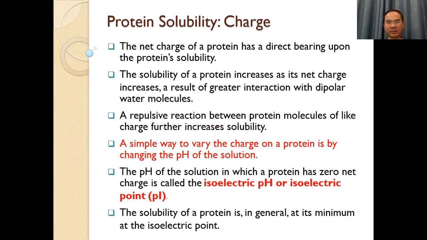That means the solubility of the protein increases as its net charge increases, as a result of greater interaction with dipolar molecules. If the net charge increases, the interaction between protein and the dipolar water molecules is better. That's why it is more soluble in water if the charge is increased.